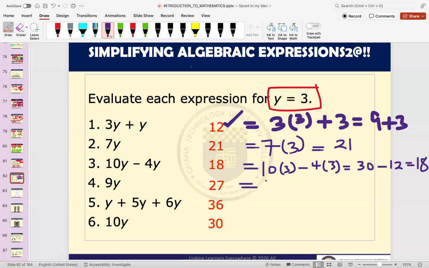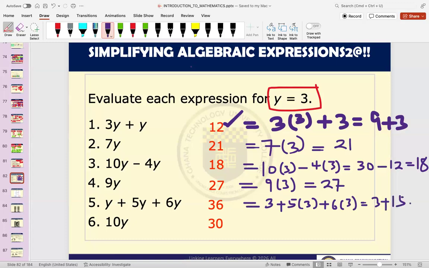Then we have 9y. Wherever you see y, you put 3. So 9 times 3, you have 27. Y plus 5y plus 6y. Wherever you see y, you substitute 3. So you have the following: 3 plus 15 plus 18.